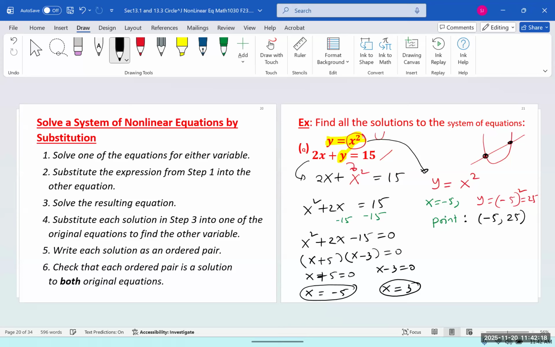This is one solution. Our next solution is x equals 3. So our y is 3 squared, which is 9. So our second solution is x value 3, y value 9. So how do we write this? We write the solution: negative 5, 25 and 3, 9.